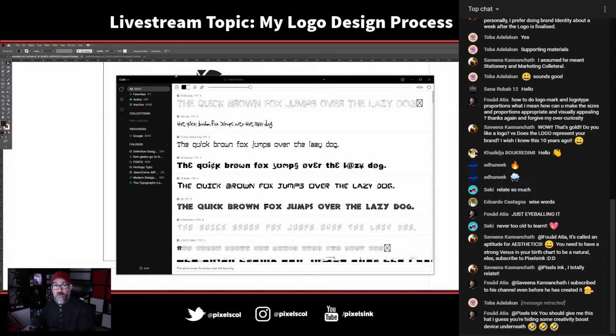So when I open a document, if I don't have the font installed or active on my system, as long as I've got the font on my system, Fontbase will activate it in the document, and when I close the document, it will deactivate the font. So it means that my system doesn't have like 9,600 fonts active all the time, because that's going to use up resources. So it switches them on and off as I open up documents.